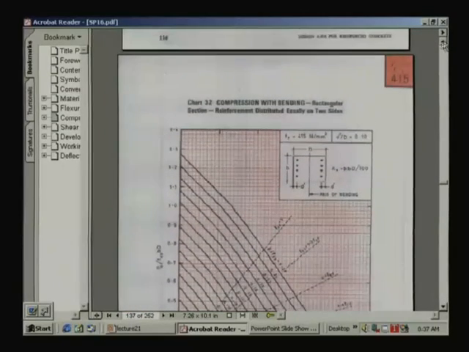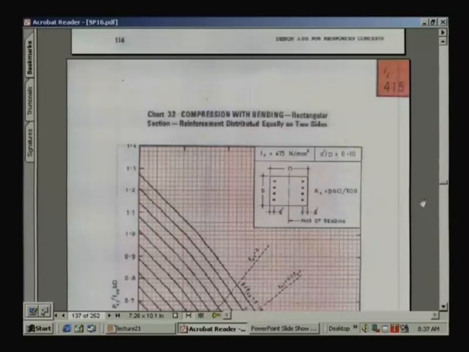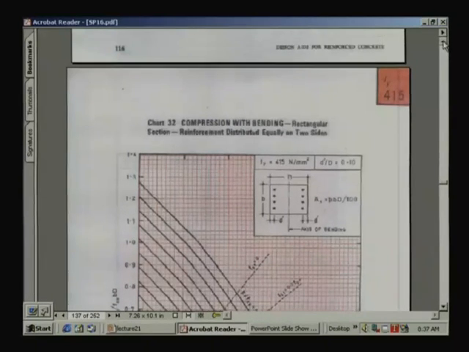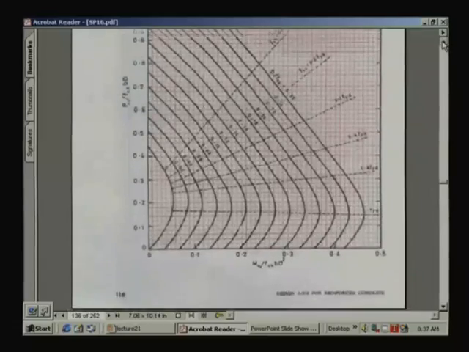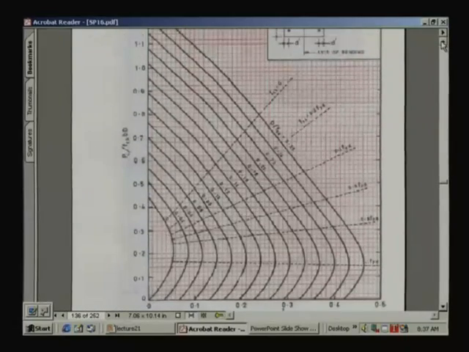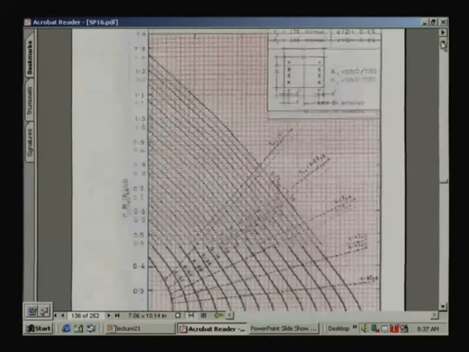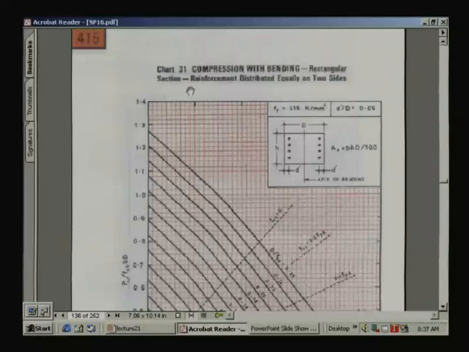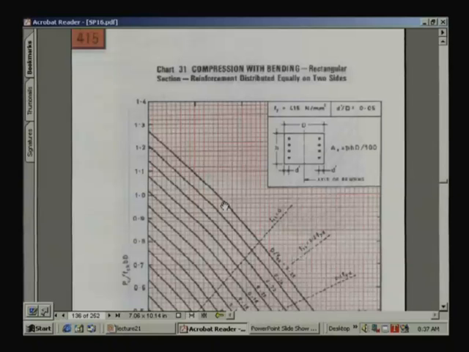This is called the interaction curve. There is one chart, just to tell you, I shall show you how to make it also in a later class.